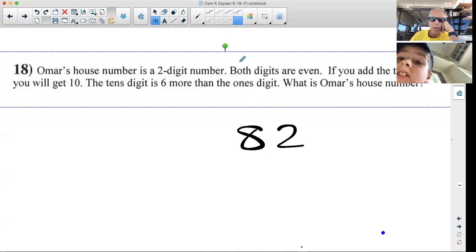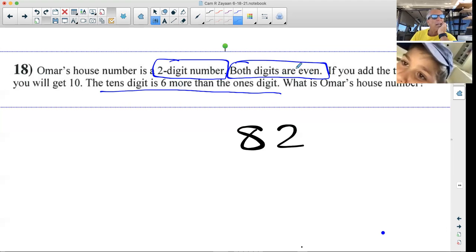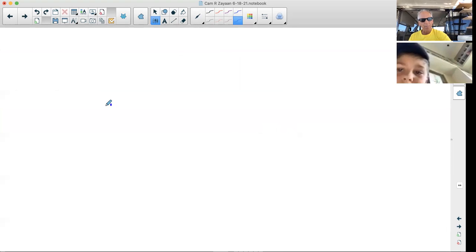Because the tens digit is 6 more than the ones digit, both digits are even, and it's a two-digit number. Wow, that's very cool. I think you really nailed that one, and I'm very proud of you.